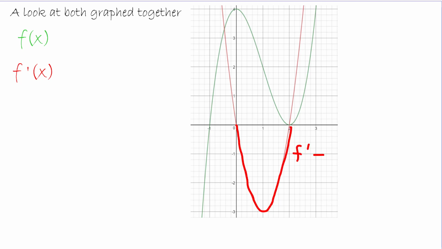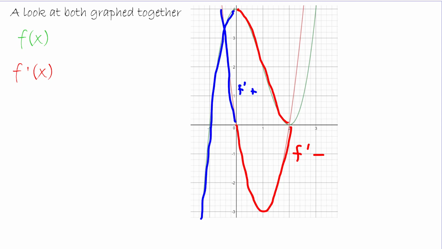which associates with this region up here where f decreased. In this region here, before 0, f prime was positive, which goes with the graph of f, where f is increasing. Same idea in this other region, f is increasing and f prime is positive.